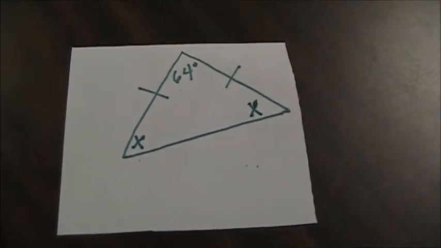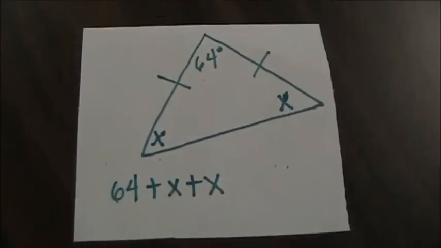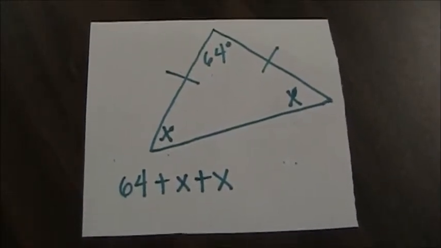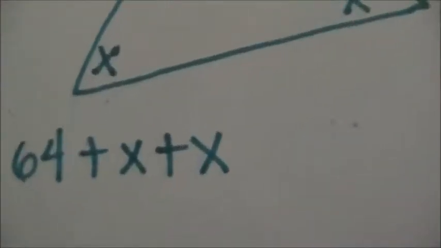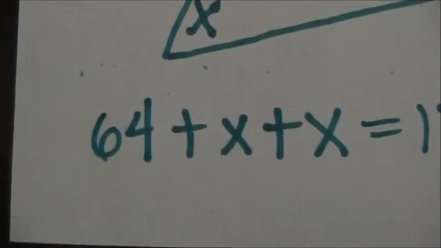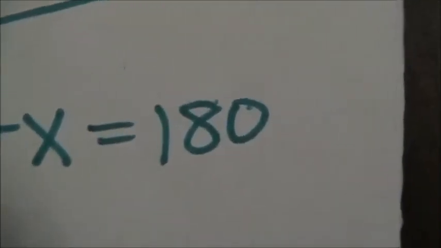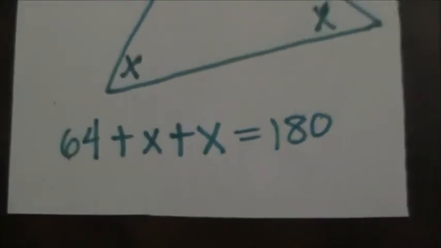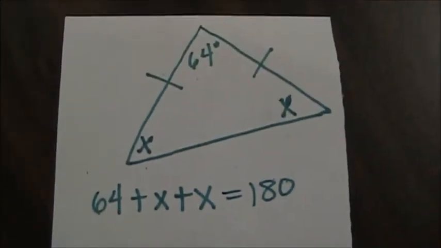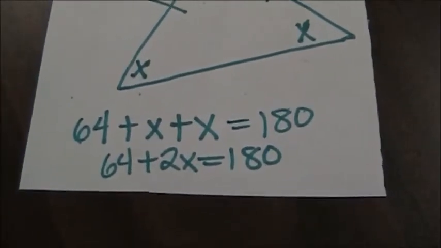And then I could set up an equation. If I add all the angles together, it looks like this. When you add all the angles together in a triangle, it equals this. So then I solve. Start by combining like terms.